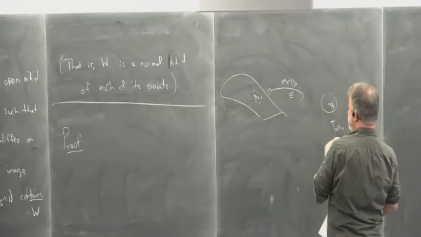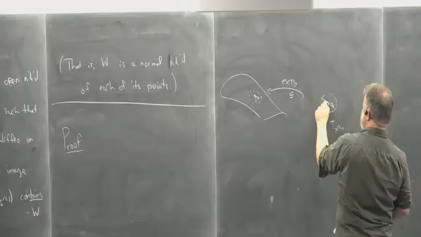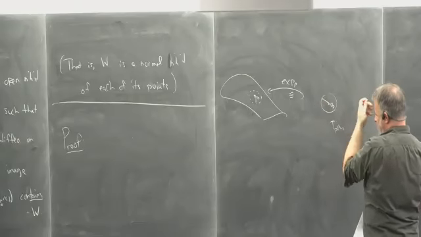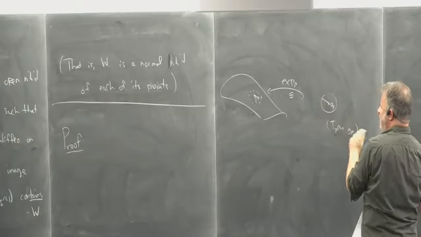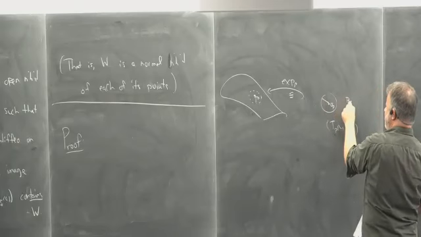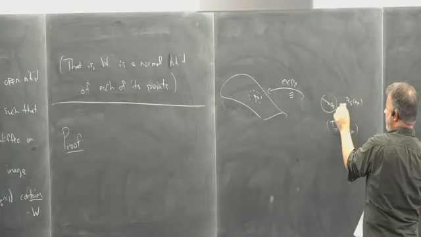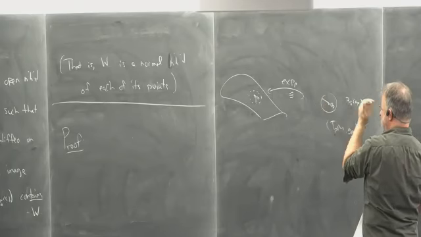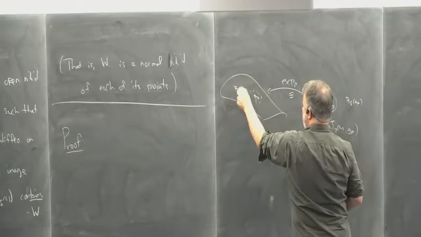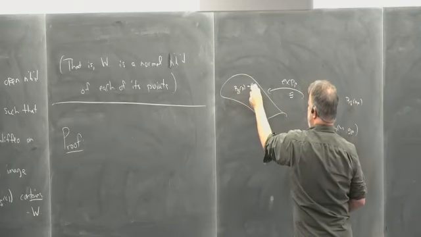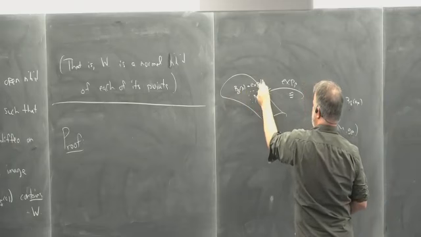Because this is an open set in TPM, and I have the norm induced from the inner product GP on TPM, I can take this to be B delta of 0p, an open ball centered at the origin with radius delta, and then this is B delta of P, which by definition is XP of B delta 0.